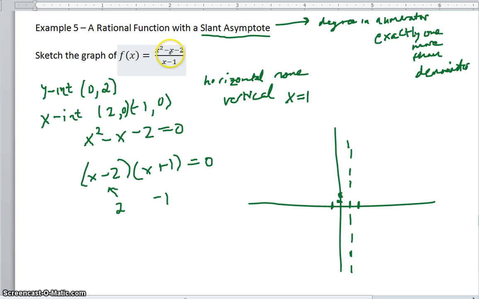And the way that you find this is by using synthetic division.